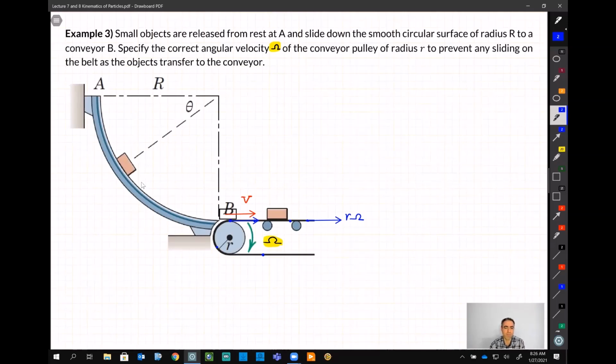So that's why when people design these things, they say these two have to perfectly match. Like V must be perfectly equal to R omega. So this V has to be equal to R omega.